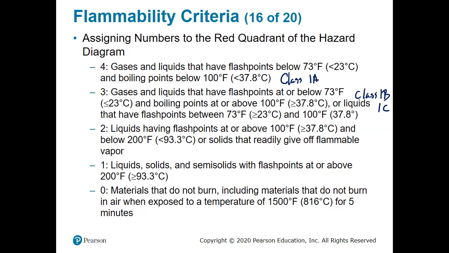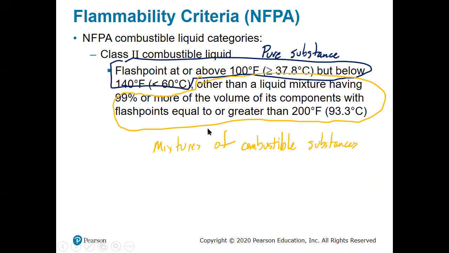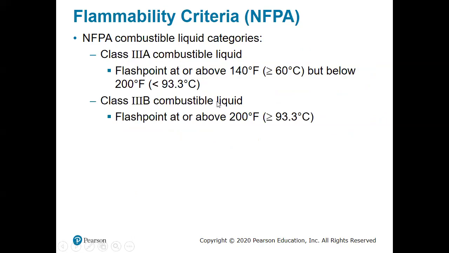In category 2, we're only talking about liquids. We're talking about liquids in that 100 to 200 range. And so, again, if we look back, that would cover anything up to 3A.